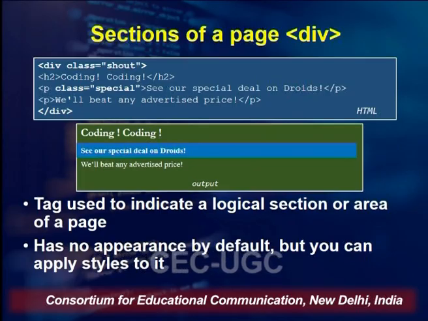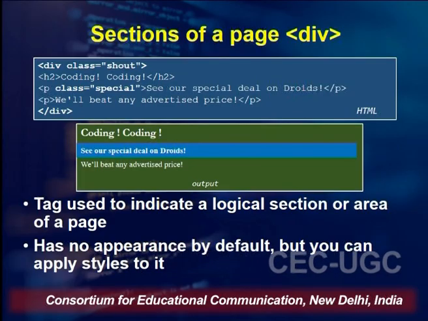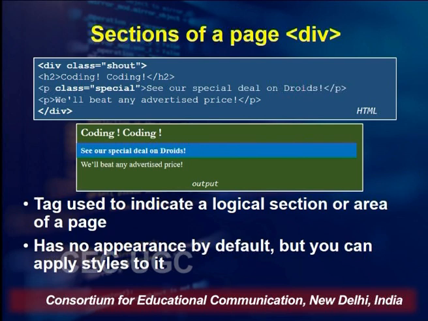So for creating sections on a particular page, the tag which is used is the div tag, okay. Div stands for division, and the division can be an object of a particular class, okay. So you use the div tag to indicate a logical section or area of a page, right.